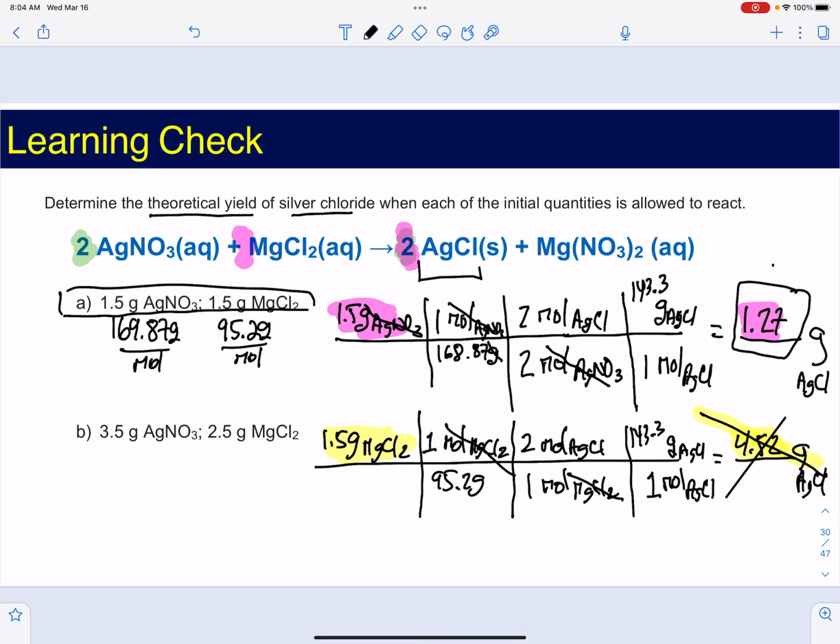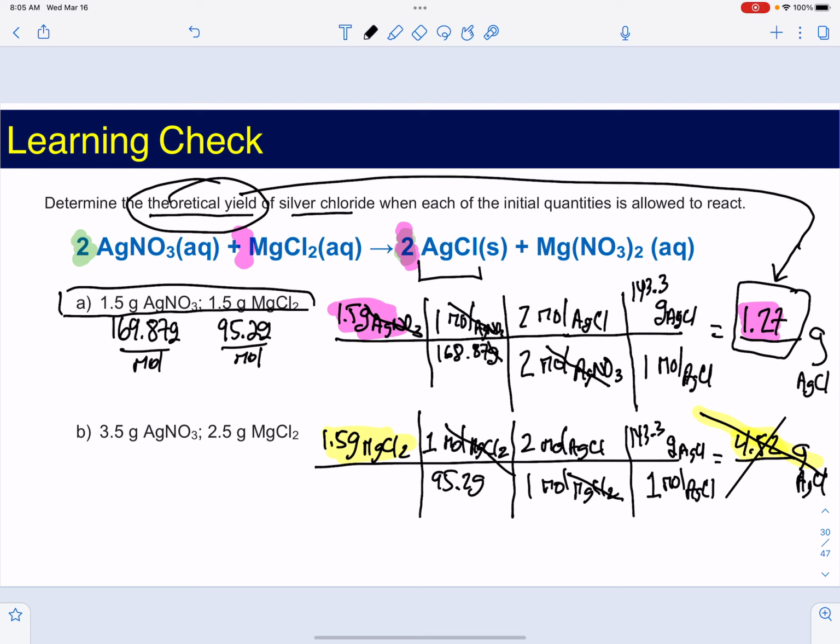And we're talking about the amount of product that you are going to produce, so that means you just found the theoretical yield. So the theoretical yield is the amount of product that can be produced by using the limiting reactant. So we can only use the limiting reactant. So let's do that again once more with the second problem.